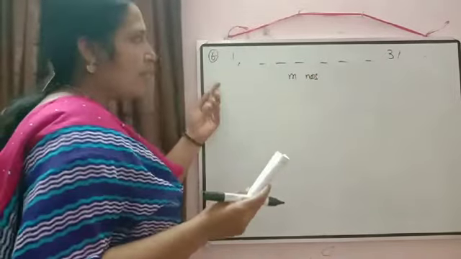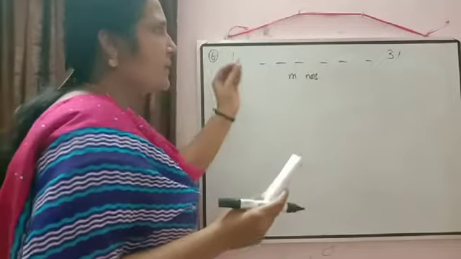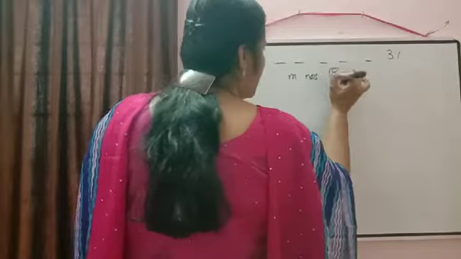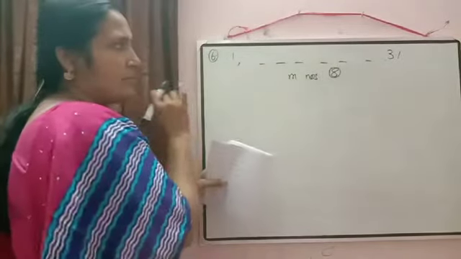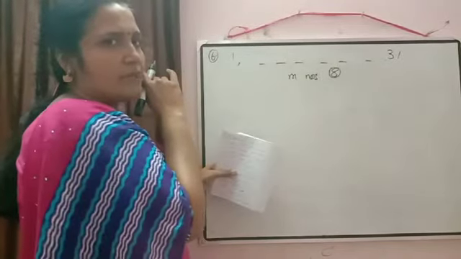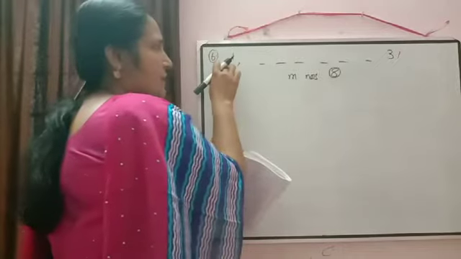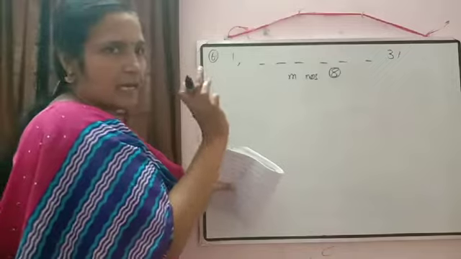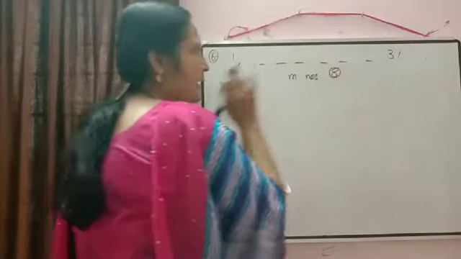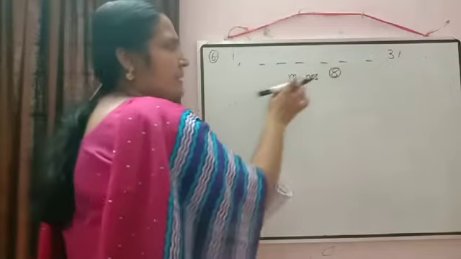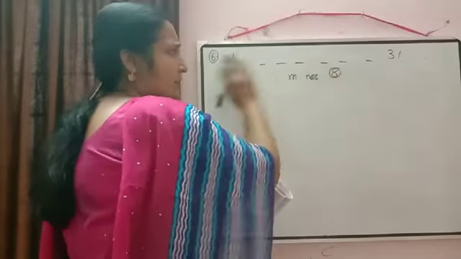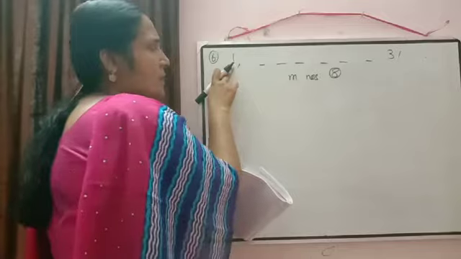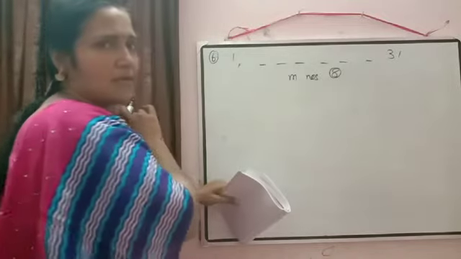Suppose between 1 and 31, I am inserting 8 numbers, I am putting here 8 numbers. So how many terms will there be in total? Yes, this will be the 9th number and this will be the 10th number. Correct? Clear? In between 1 and 31, if I am inserting 8 numbers, now this sequence is in AP with first term equal to 1 and last term equal to 31.